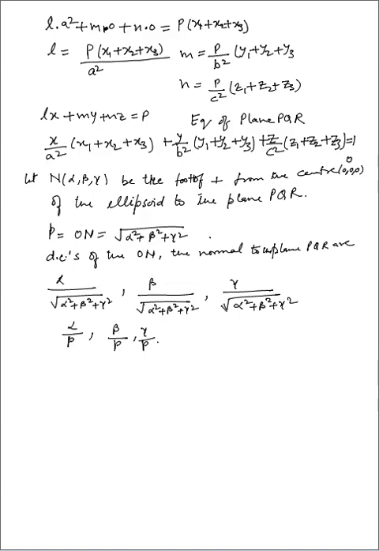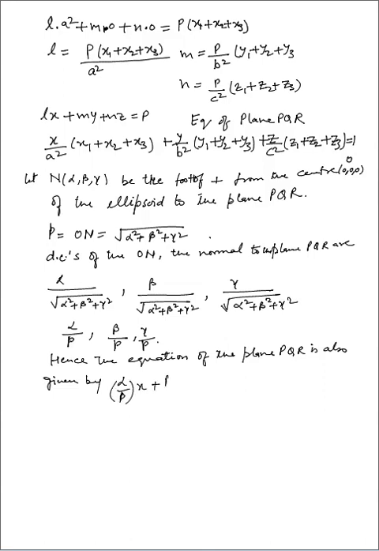Hence the equation of the plane PQR is also given by alpha upon P x plus beta upon P y plus gamma upon P z is equal to 1, which is alpha x plus beta y plus gamma z is equal to P square.